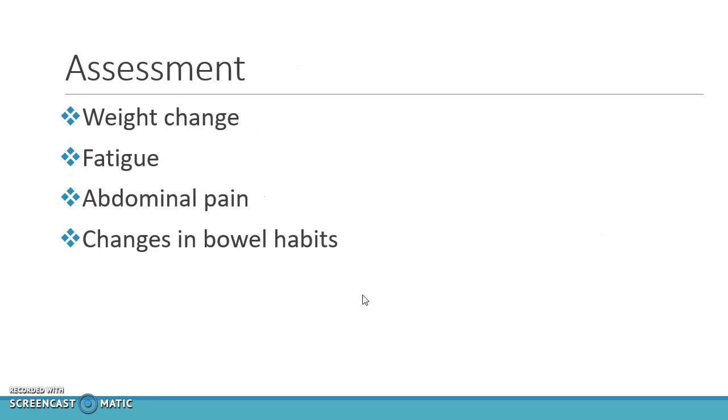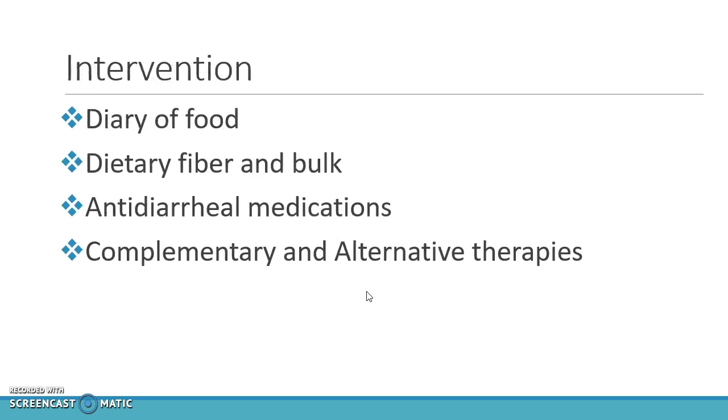Assessments, we're going to watch a weight change, either an unintended loss or a gain. We're going to look for fatigue, abdominal pain, and changes in bowel habits with either diarrhea or constipation and cramping associated with them.